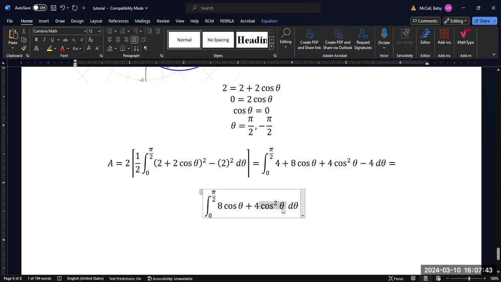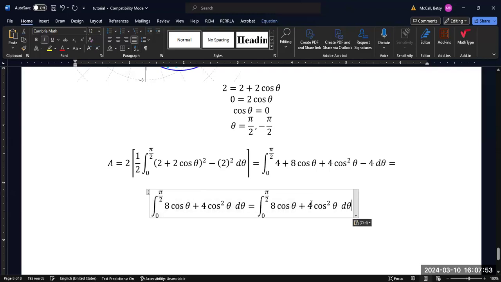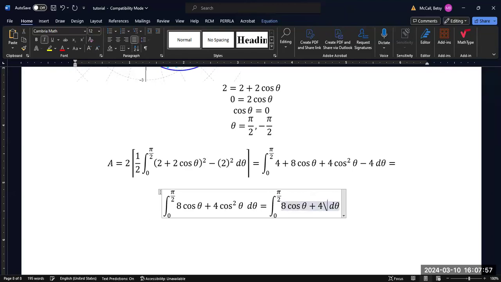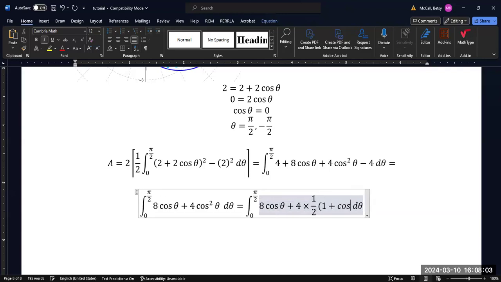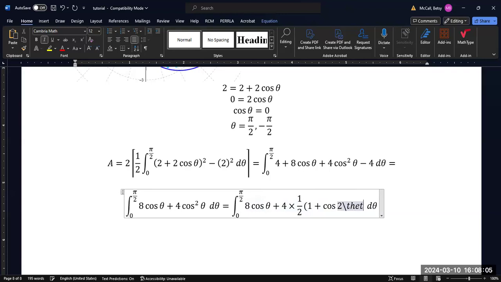But then I still have to replace my power reducing identity to get rid of cosine squared. And so this will get replaced with 1/2, 1 plus cosine of 2 theta.